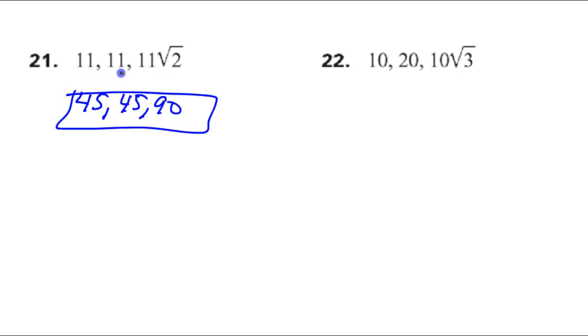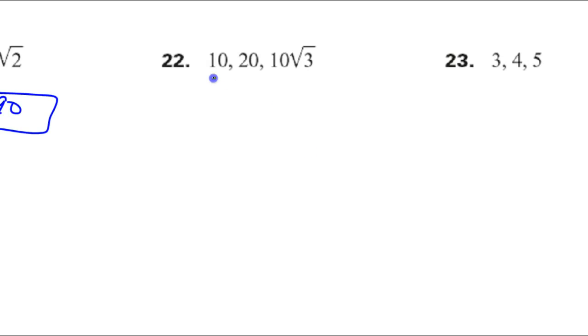Alright, I thought we were done. Man, this is a long video. I apologize. This is going to be another 45-45-90 triangle. It's isosceles, and then we have leg, leg, leg radical 2. That's the pattern.